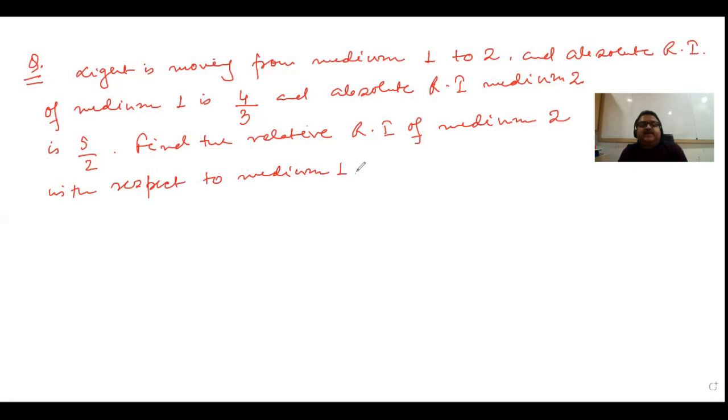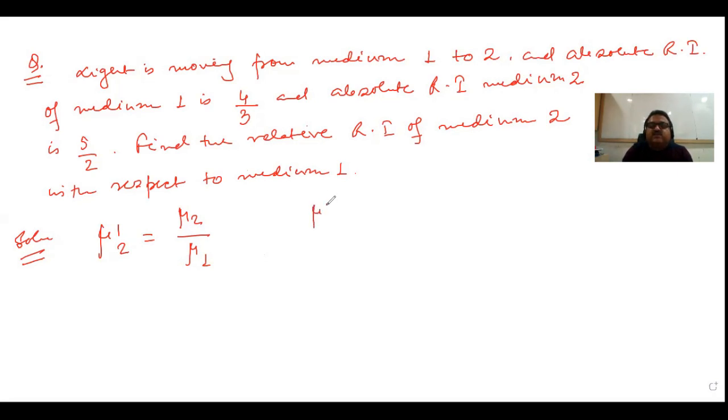So now look at the solution. What we know, mu12 is equal to mu2 by mu1. What is mu12? Mu12 is the relative refractive index of medium 2 with respect to 1. Mu2 is the absolute refractive index of medium 2, and mu1 is the absolute refractive index of medium 1.